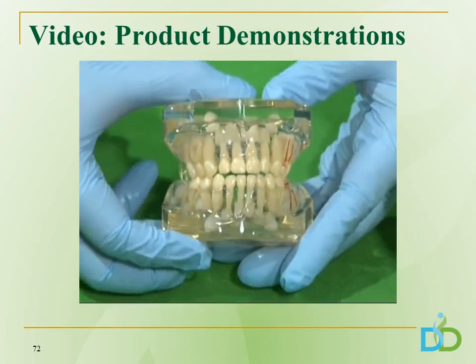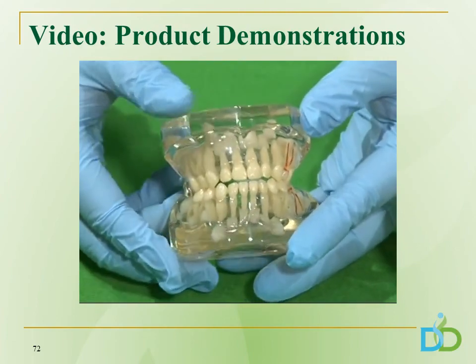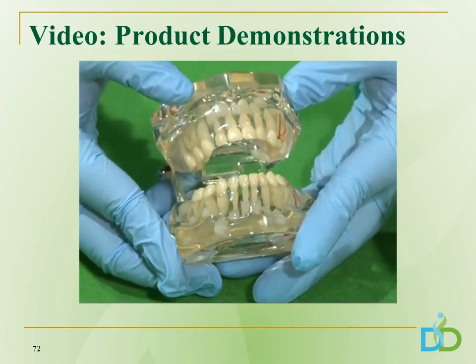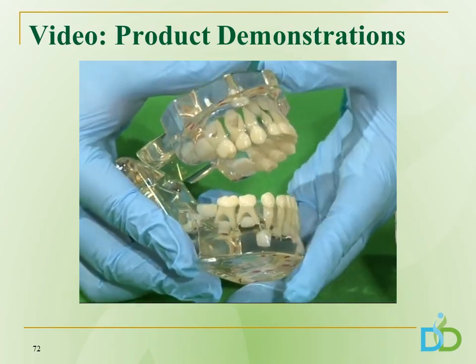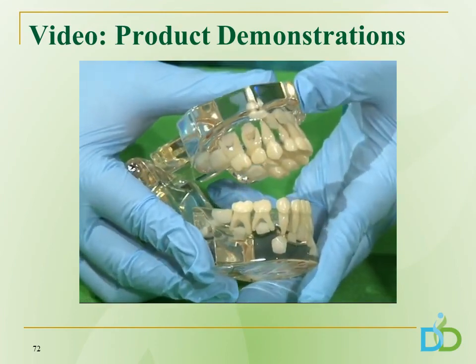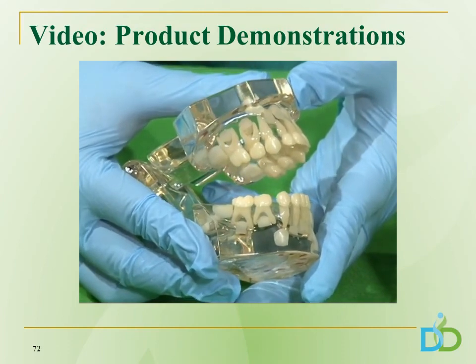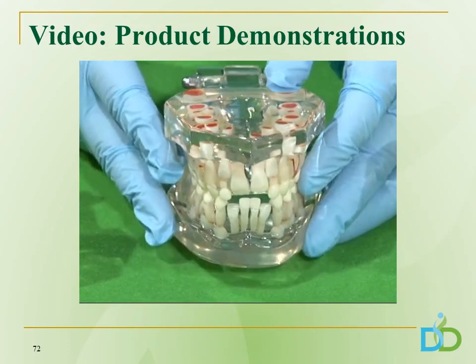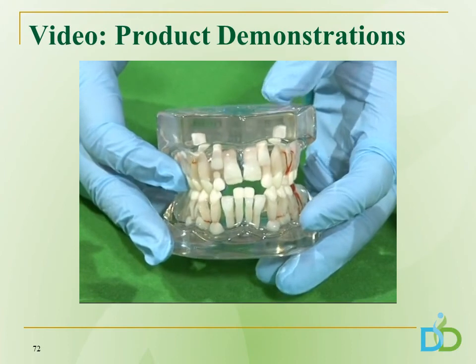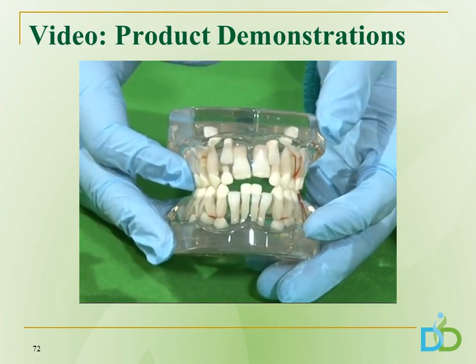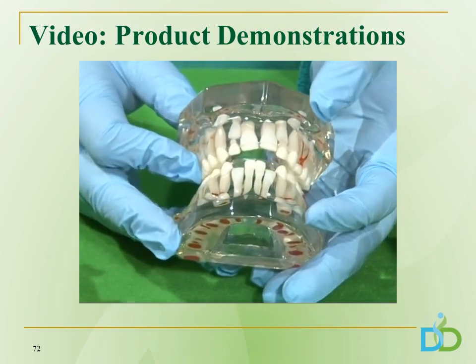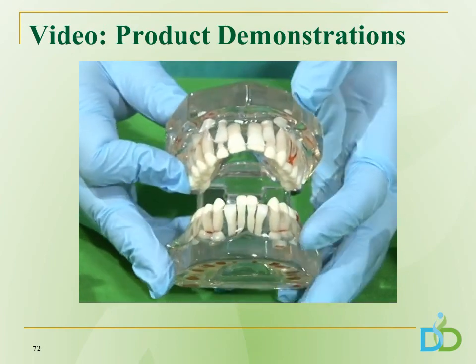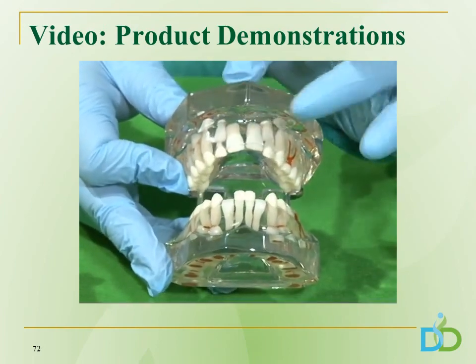This model shows the primary dentition or baby teeth. And if you see on the side, you can see the developing permanent teeth below. This model shows mixed dentition, a combination of baby teeth and permanent teeth. You can see in the front the eruption of the permanent incisors.